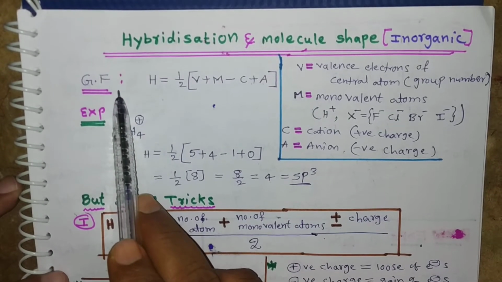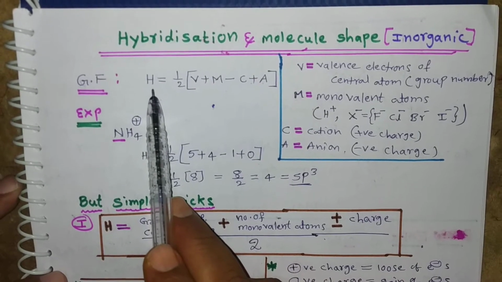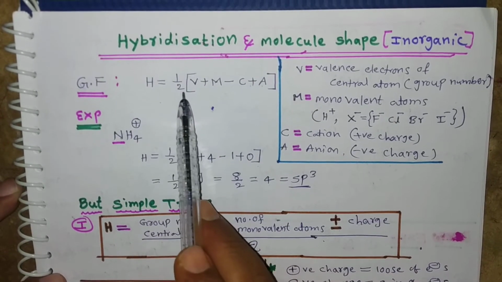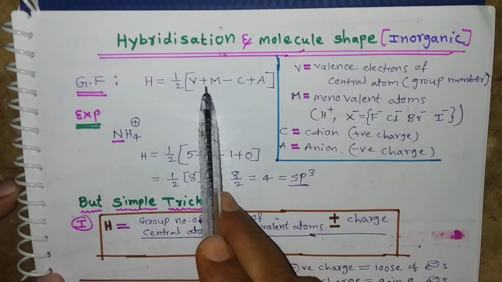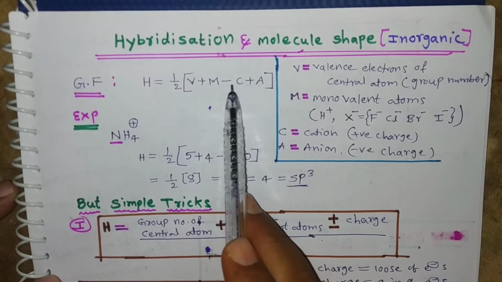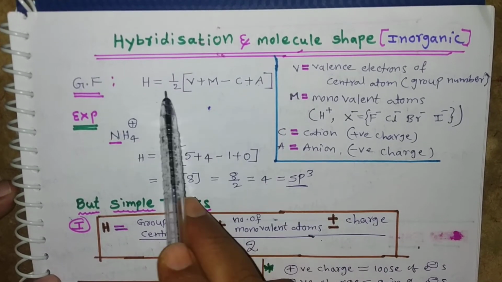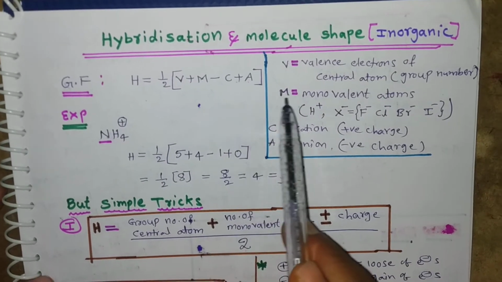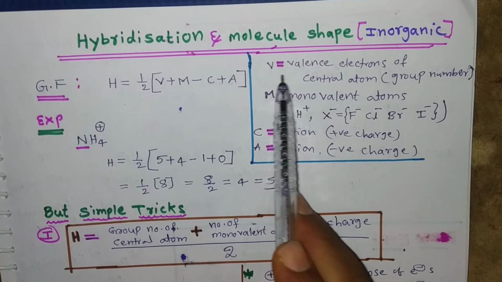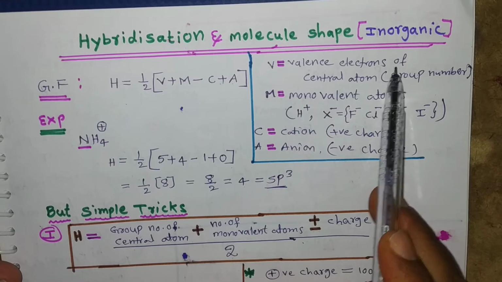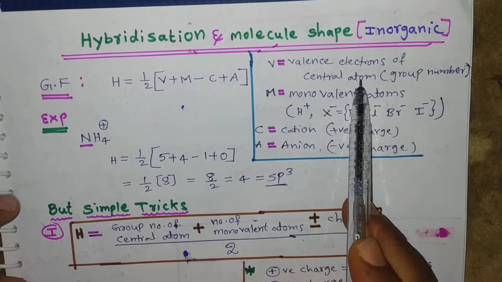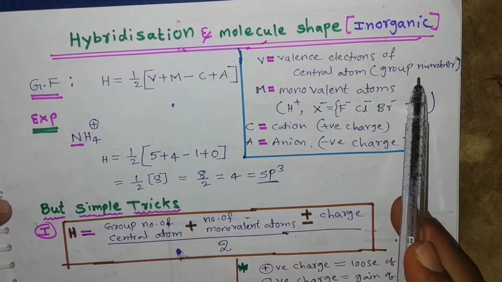General formula: hybridization H is equal to 1 by 2 (V plus M minus C plus A). This is the general formula. V means valence electrons of the central atom, or group number of the central atom.